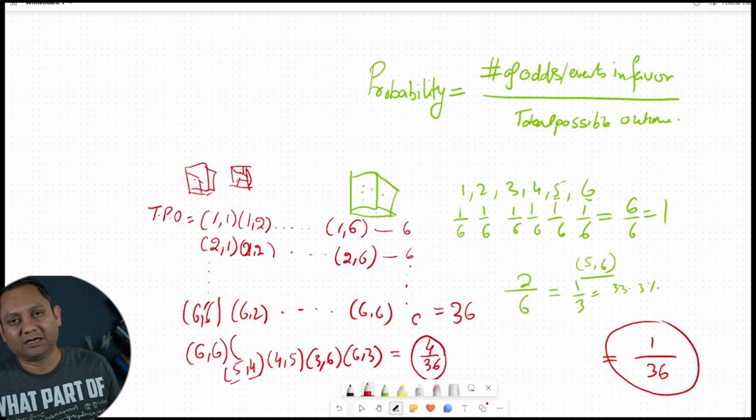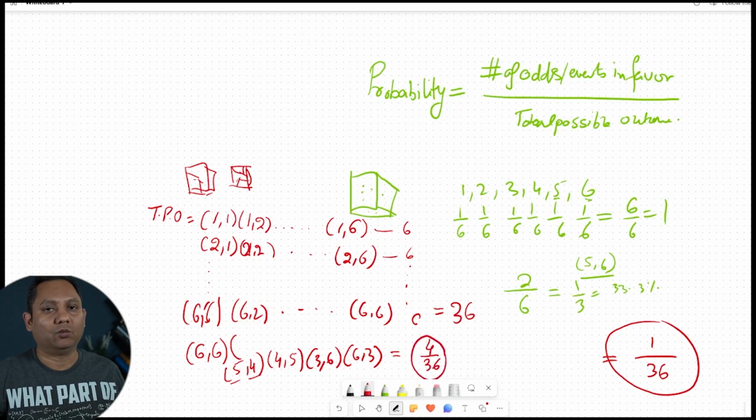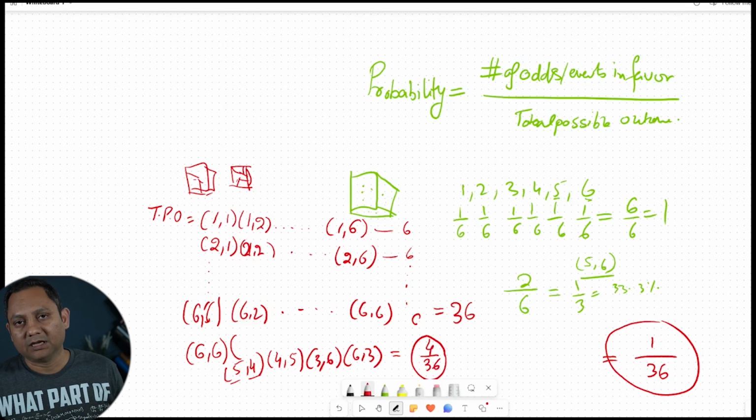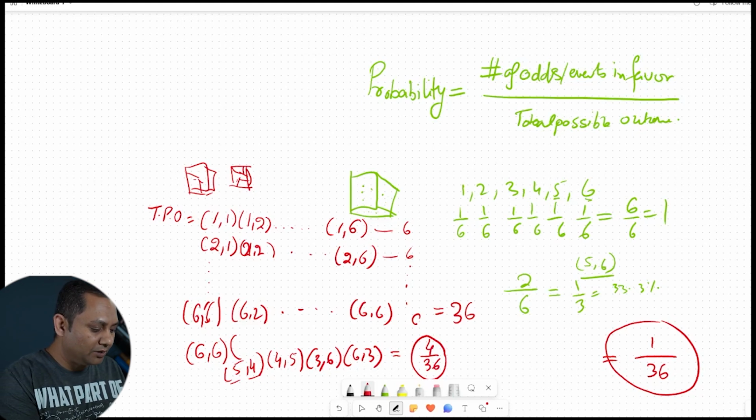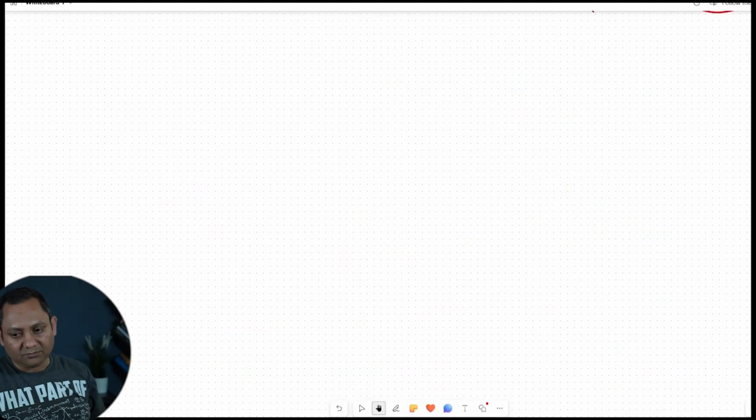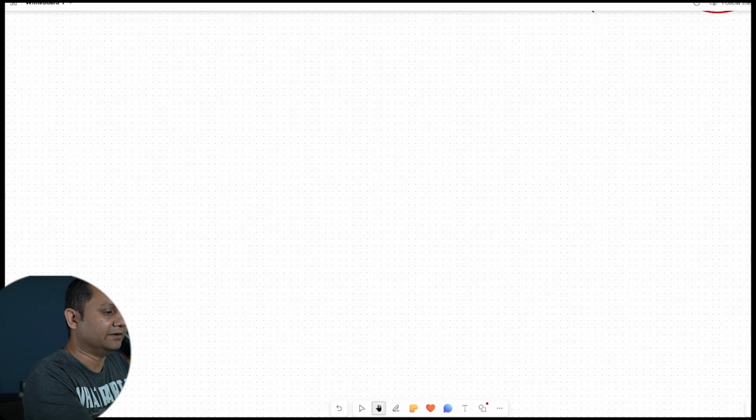So this is the basic introduction of probability. So what's the likelihood of, what's the total number of favorable cases divided by all possible cases? That's your probability. Now, a lot of the time what we would be concerned with is understanding what is a random variable.